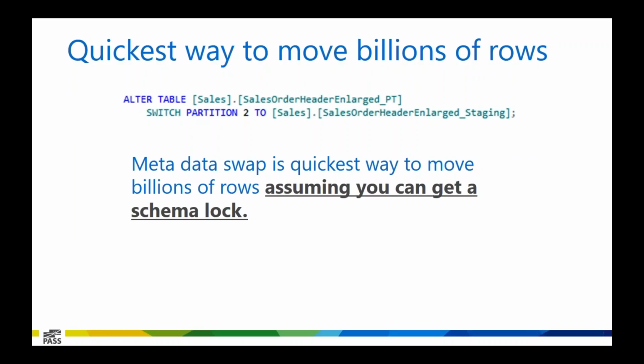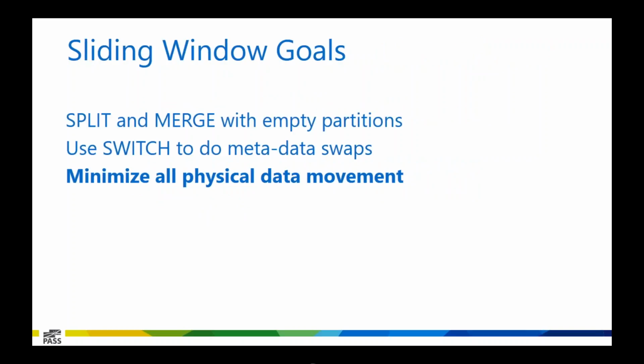Only the metadata internally to SQL Server will get changed. Like the pointers that say, hey, this is where the pages are for this staging table, get shifted over to the partition. So logically, data is never moved, only the metadata gets moved. As long as you get the schema lock that's required, this will happen instantly, regardless of how much data is in there, because the data never moves.